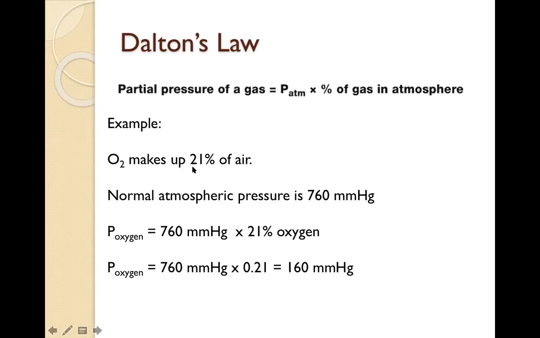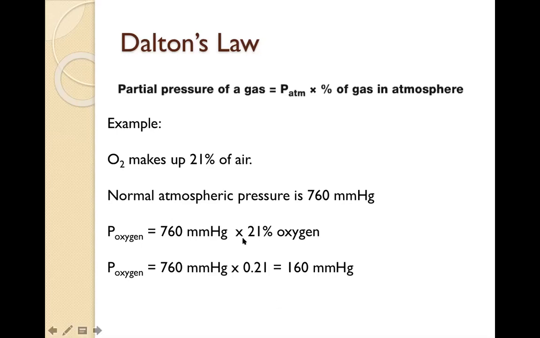Oxygen makes up about 21% of the air we breathe. If the normal atmospheric pressure is 760 millimeters of mercury, oxygen will make up 21% of this number. That's all that Dalton's law is saying. So 760 times 21% means that oxygen, if you work this out, will be contributing 160 millimeters of mercury to the overall pressure. If you were to take nitrogen, it's about 78%. You can determine how much pressure nitrogen is contributing to the overall atmospheric pressure by doing the exact same calculation.